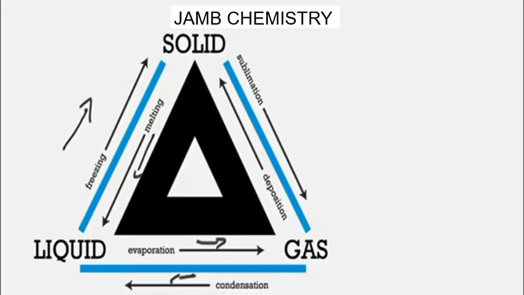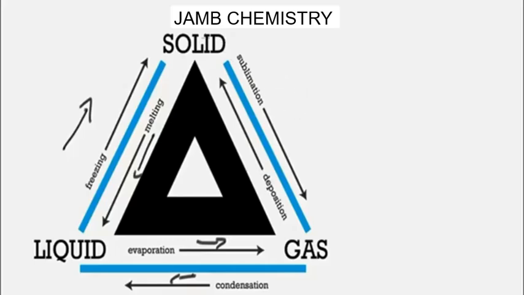It will be trapped by the cover of what you are using to cook or boil something. So those vapors will change to liquid. When gas changes to liquid, we call it condensation.